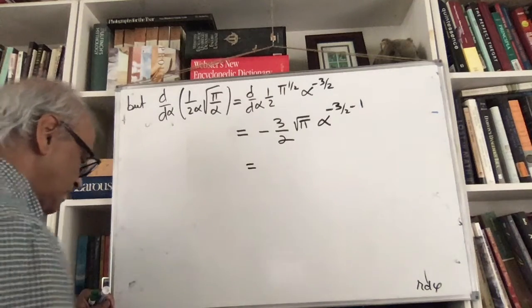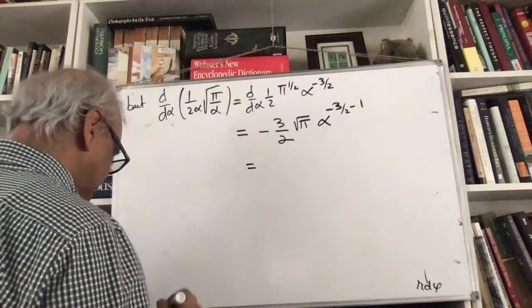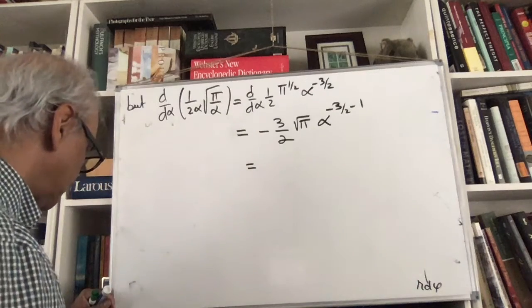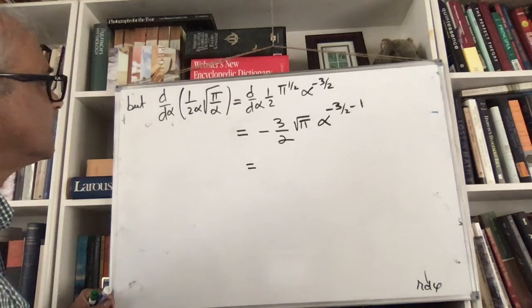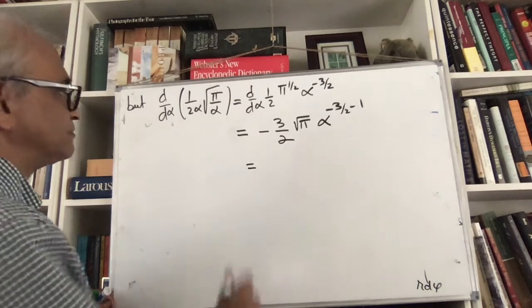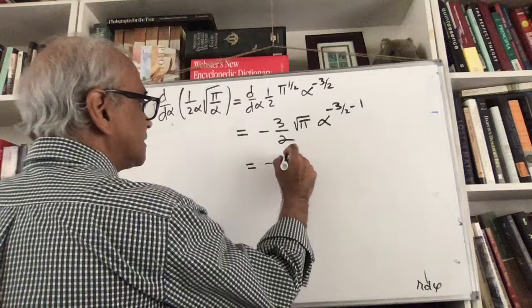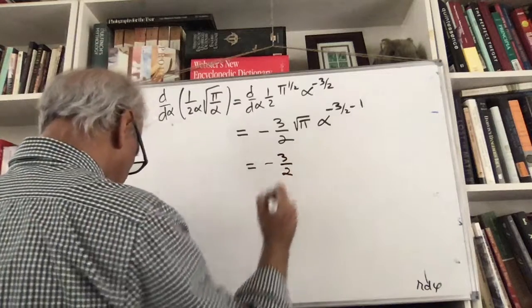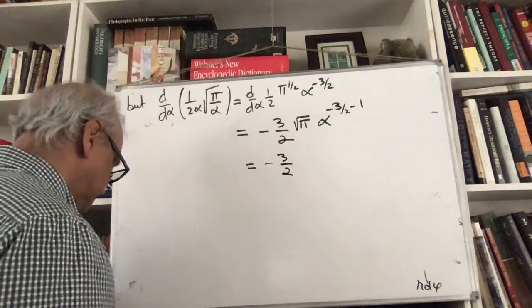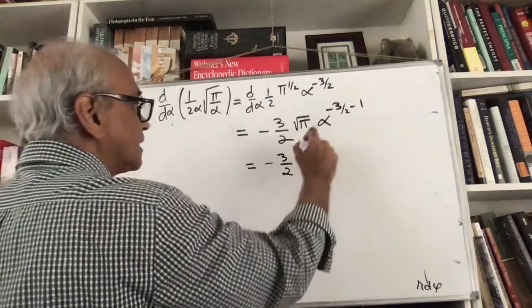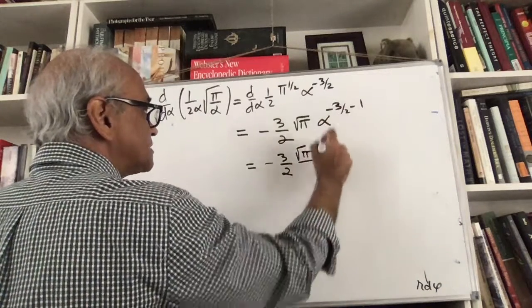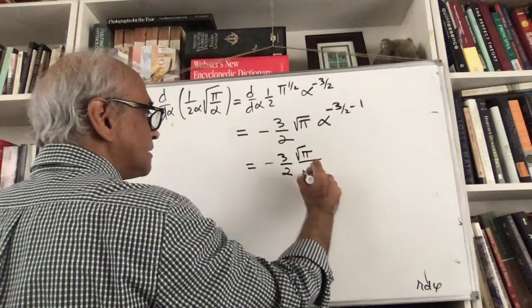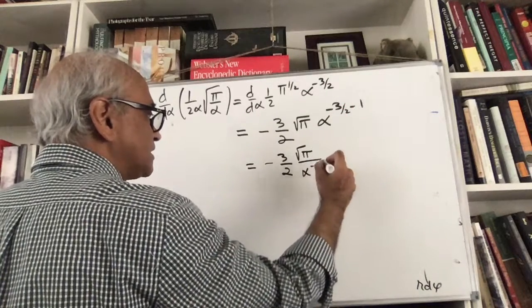I have minus 3 over 2 root pi, and this becomes alpha to the minus 5 over 2, right?